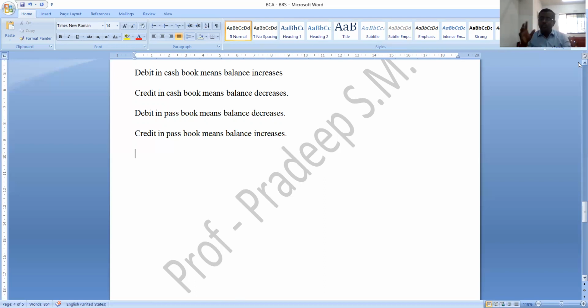With this assumption, you decide when you should increase the balance and when you should reduce the balance. With the assumption that they have given the cash book balance, you should assign plus and minus signs. Later, you need to interchange those signs. Automatically, you will get the right answer. That is, you will get the bank balance as per cash book from the bank balance as per passbook.